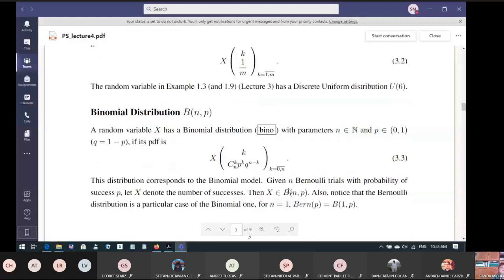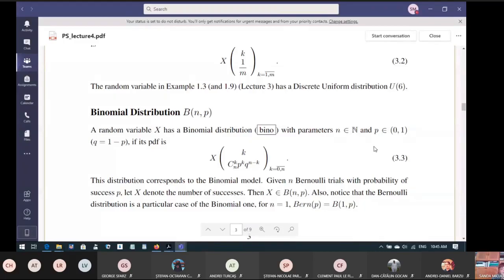Now, the next few distributions come directly from the corresponding models. So binomial, hypergeometric, geometric, those will all be strongly related to the corresponding model. A random variable X has a binomial distribution, MATLAB name BINO, with parameters n and p.